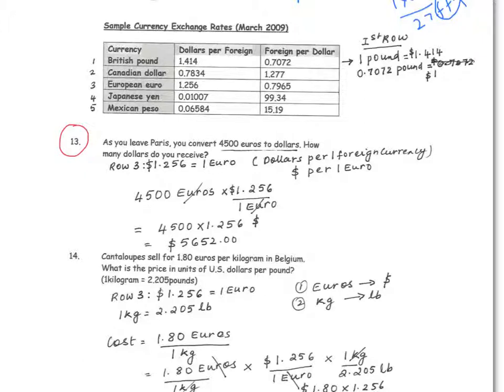How many dollars do you receive? First, we need to figure out the conversion equation from dollars to euros. If we look at row 3, that is for European euros.